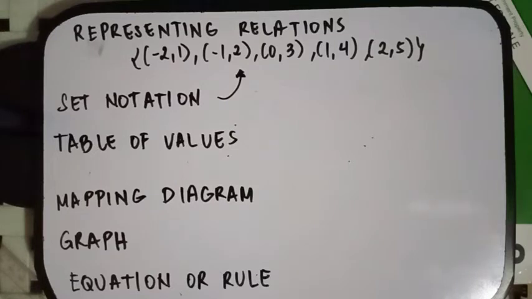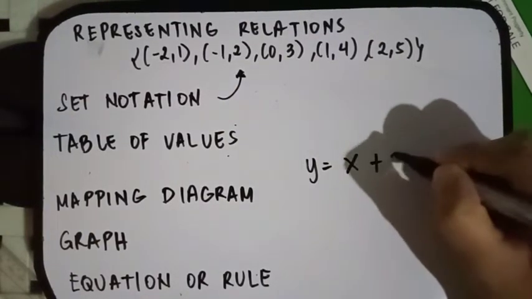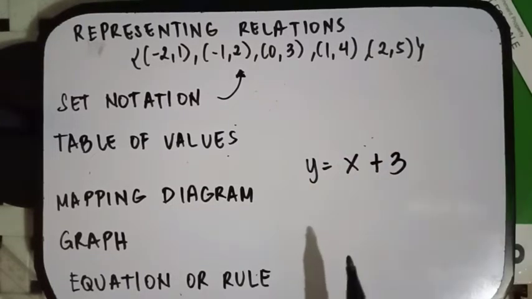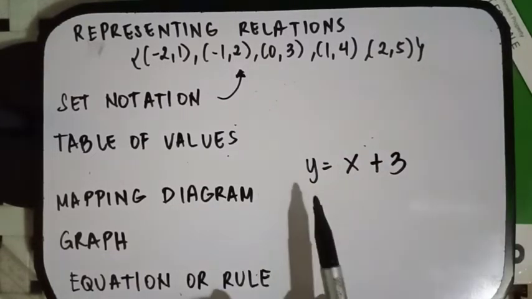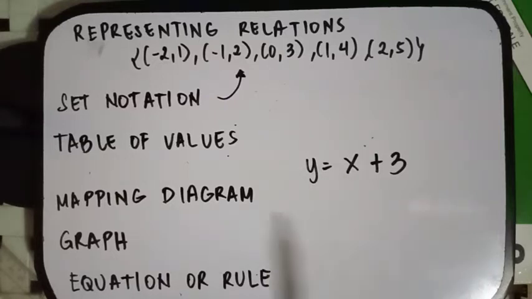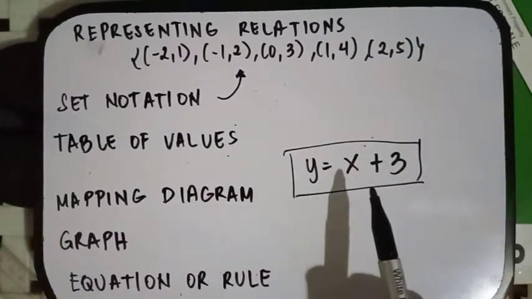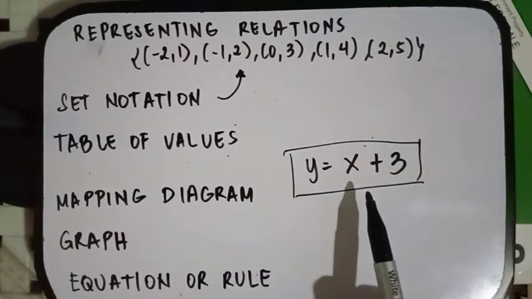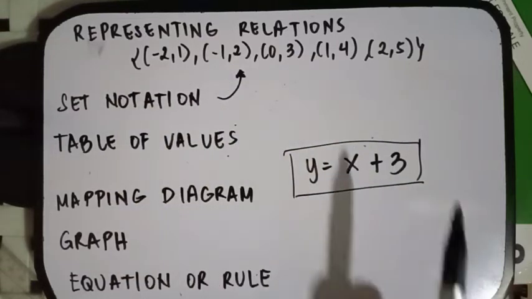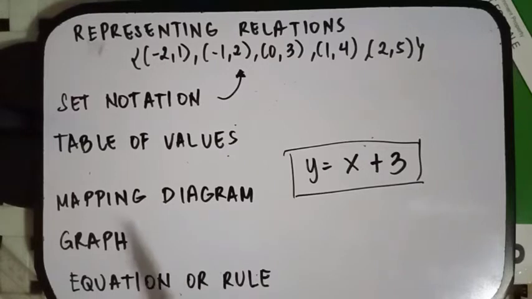Okay? So, yung equation niya ay y is equal to x plus 3. So, ibig sabihin, para makuha natin yung y, yung x values ay i-add sa 3. And this is the equation na hinihingi ng relation na ito. Okay, y is equal to x plus 3. Also called as rule.